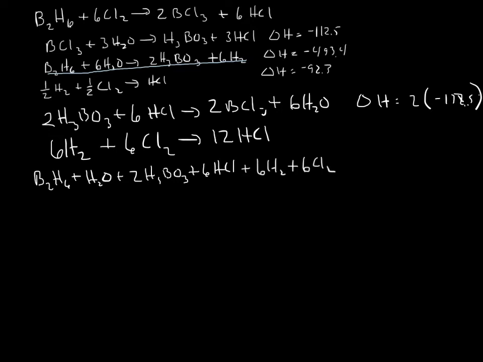And that should be all of the reactants, hopefully. 1, 2, 3, 4, 5, 6. 1, 2, 3, 4, 5, 6. We got 6 things there, so that's a good quick check.